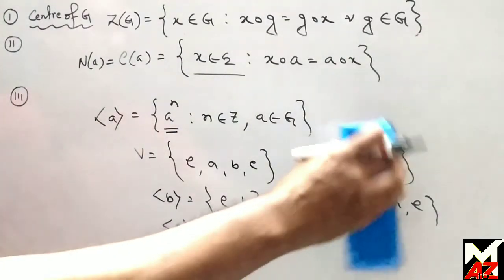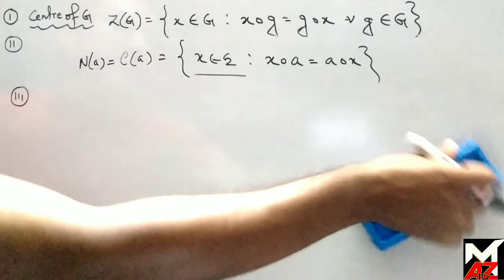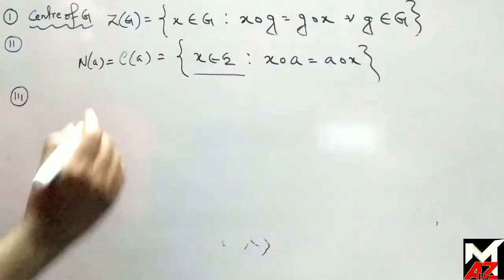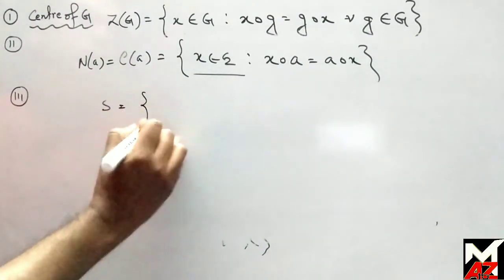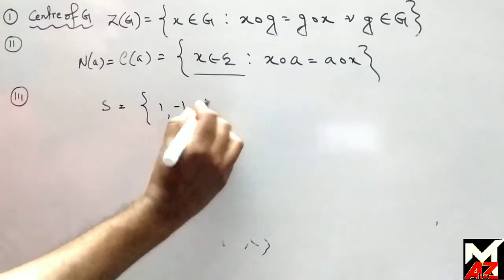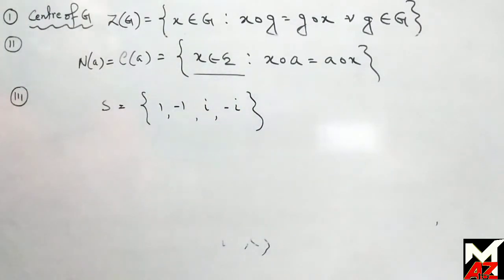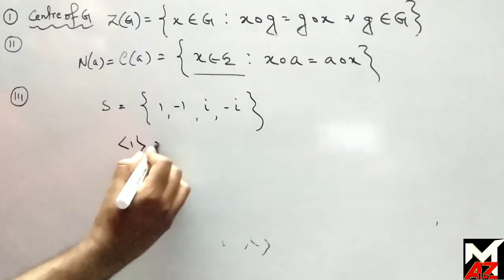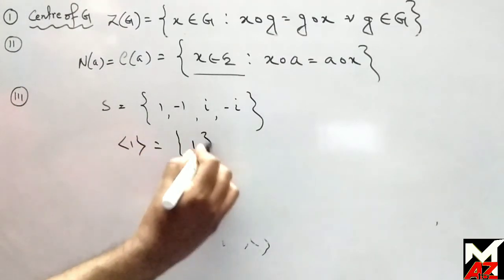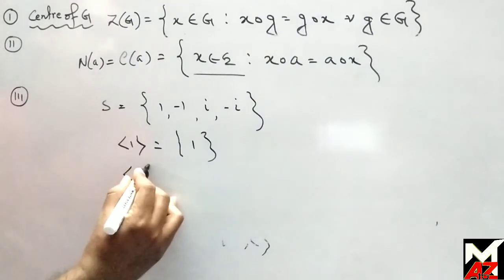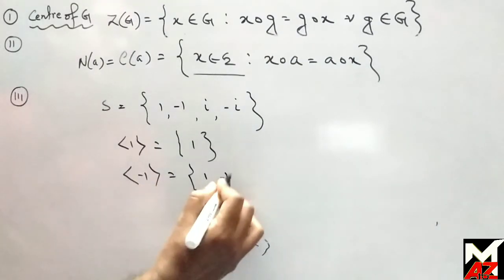But if we consider the group S equal to 1, minus 1, i, minus i, that is the fourth roots of unity, then generating 1 gives 1 only. Generating minus 1 gives 1 and minus 1.